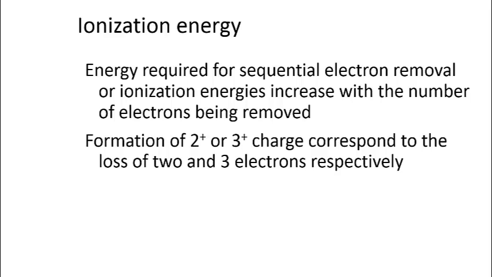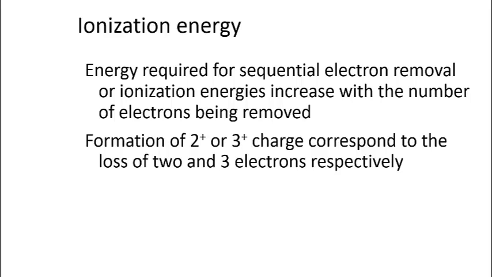This phenomenon is encountered with atoms that form more than one cation, such as the transition metals. The formation of a 2 plus or 3 plus charge corresponds to the loss of 2 or 3 electrons. Because when you remove an electron, the number of protons always stays the same.